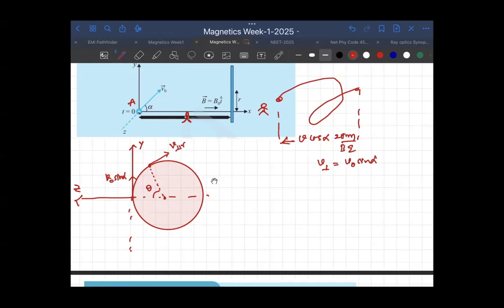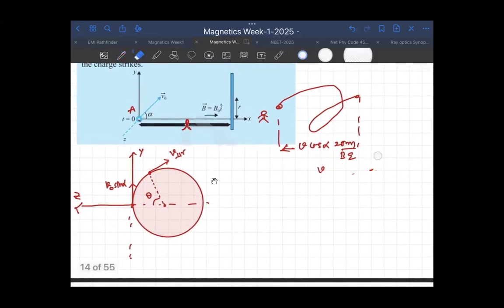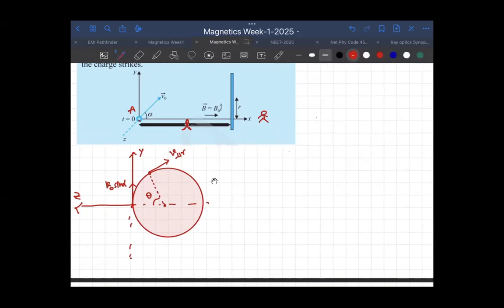And by the way, I know the radius of the helix path. Radius of the helix path is equal to m v sin alpha by Bq.